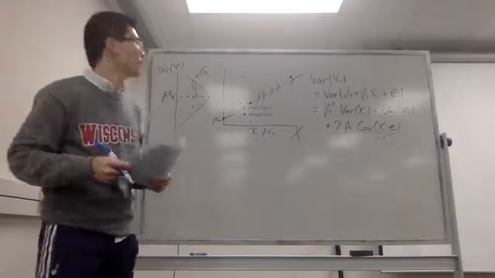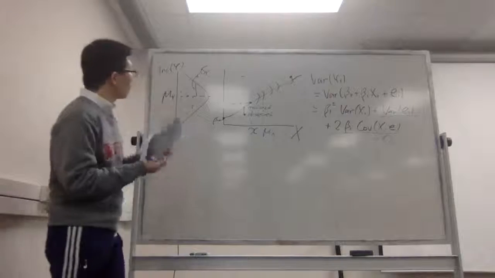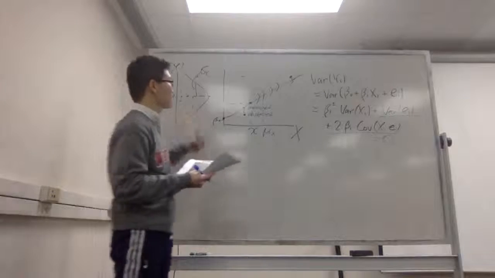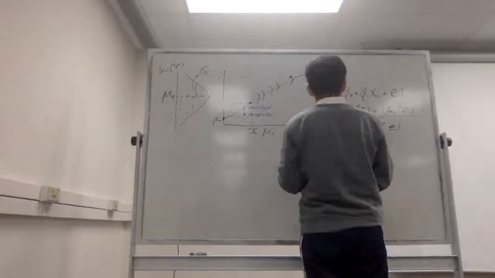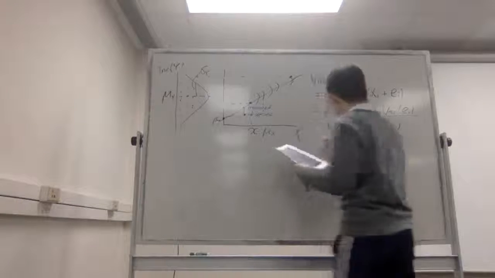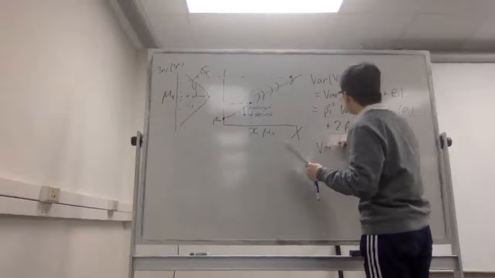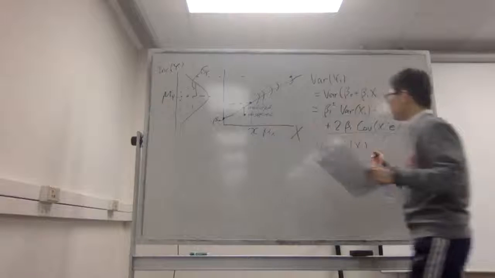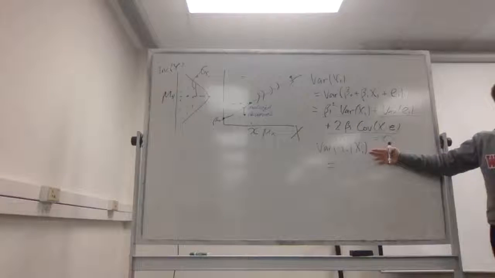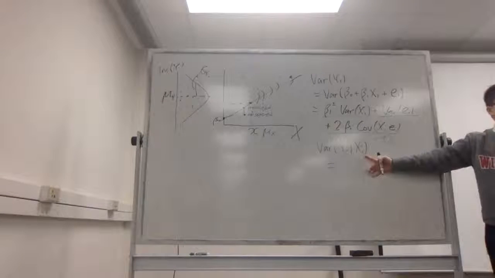All right. So the next point is about the conditional variance of yi. This is the conditional variance of yi given x is xi.